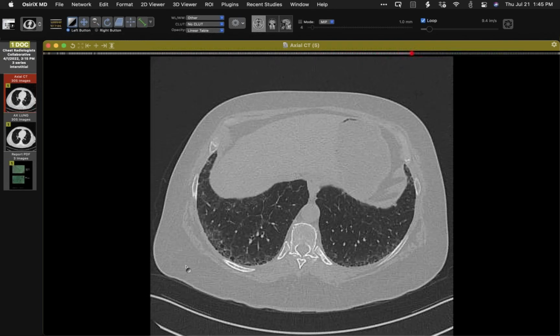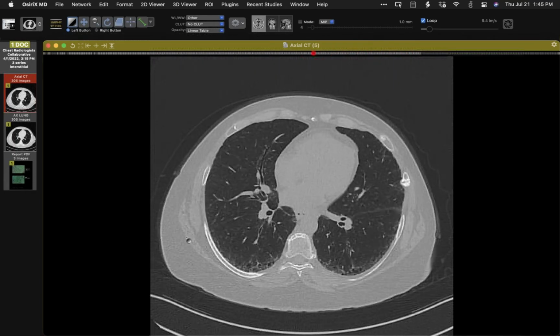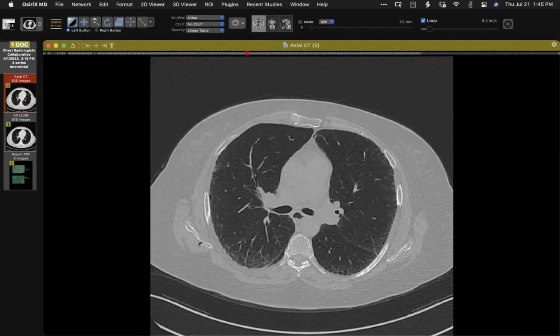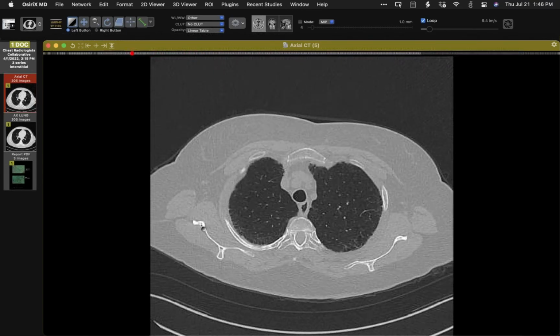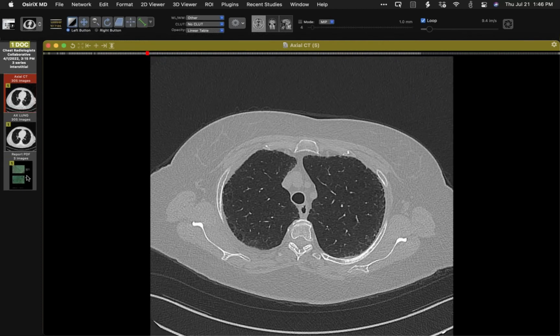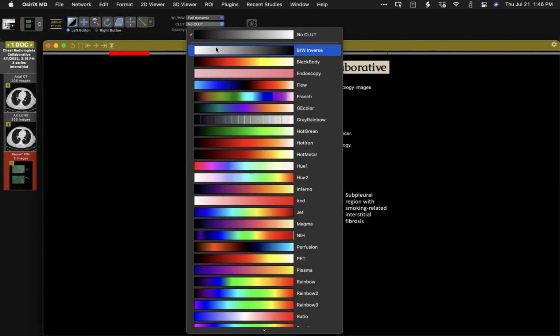And then that broad category of disease, smoking-related interstitial fibrosis with enlarged air spaces. So now, having shown you the appearance of the lungs, I'm going to show you some representative path images. Of course, this comes from the right upper lobe that was removed.